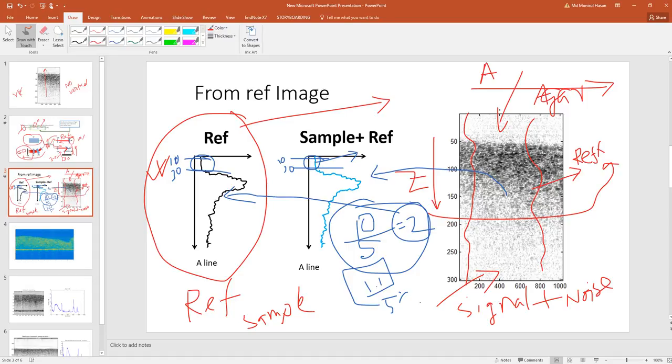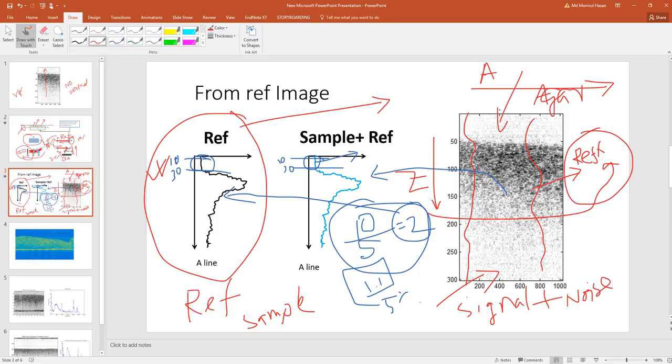We subtract the whole amount from each A line. If we do that, we are taking care of the effect of the noise generated from both the sample arm and the reference arm for the shot noise limited setup.